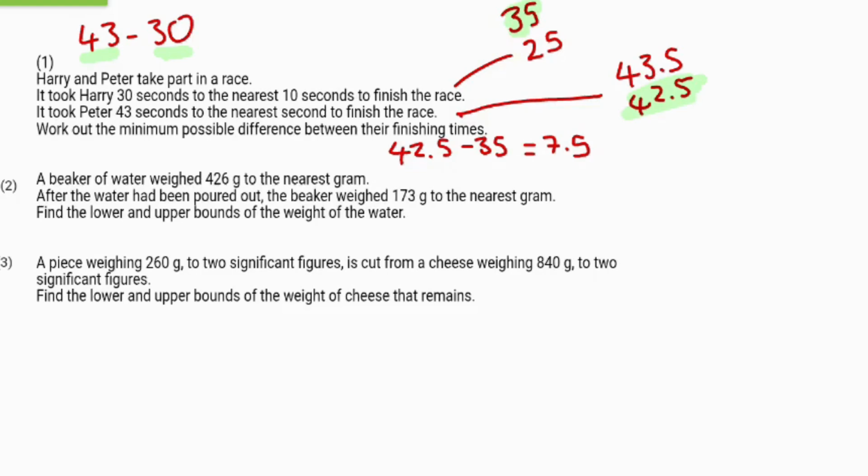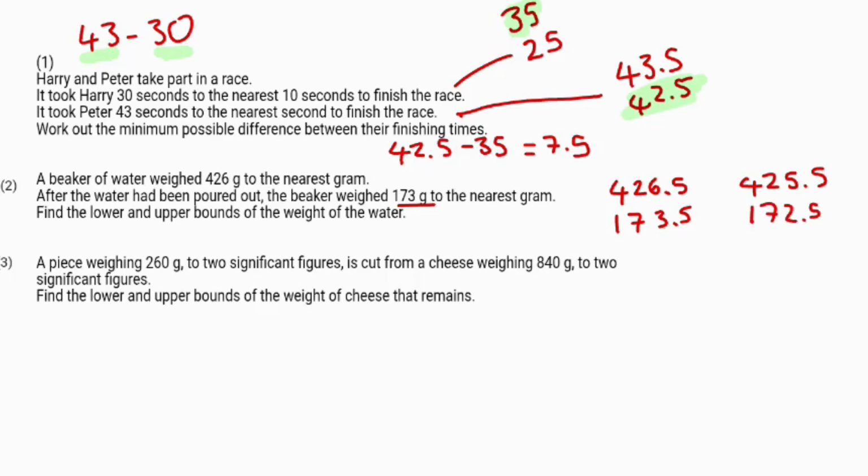Beaker of water, question 2. A beaker of water weighed 426 to the nearest gram. Upper bound would be 426.5, lower bound would be 425.5. After the water was poured out, the beaker weighed 173 grams to the nearest gram. So your upper bound here would be 173.5, lower bound would be 172.5.